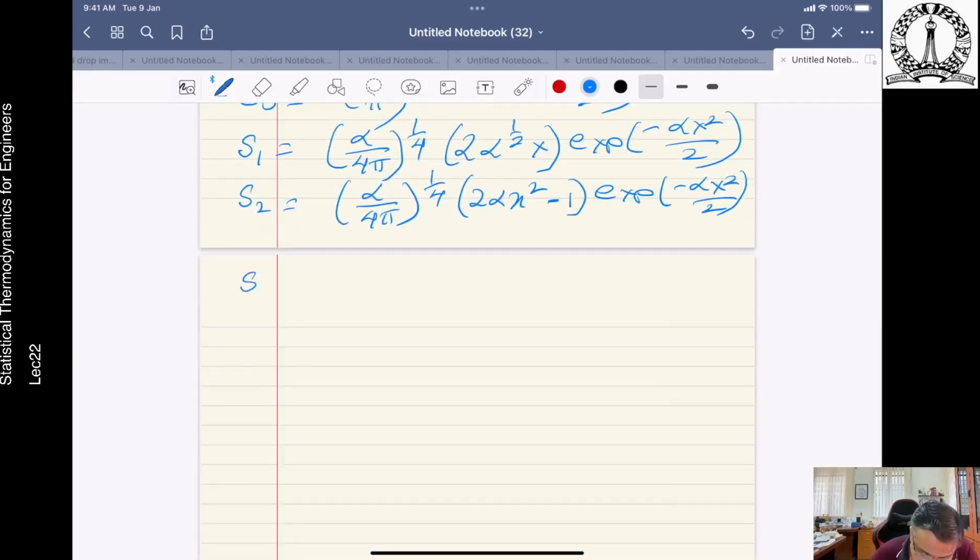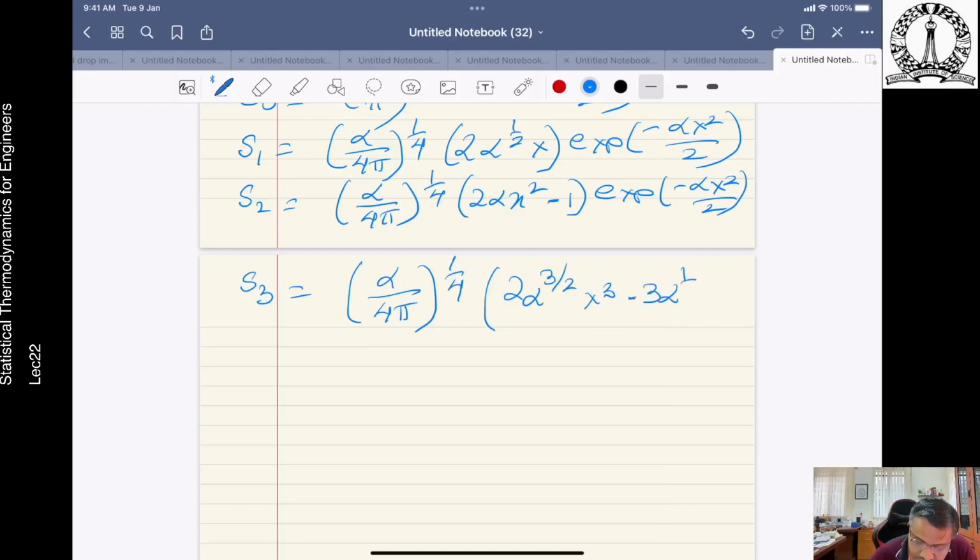And S3 is equal to alpha by 4 pi to the 1/4 into 2 alpha to the 3/2 x cubed minus 3 alpha to the half into x, exponential minus alpha x squared by 2. All right, so these are the first few solutions for the harmonic oscillator model that we have.